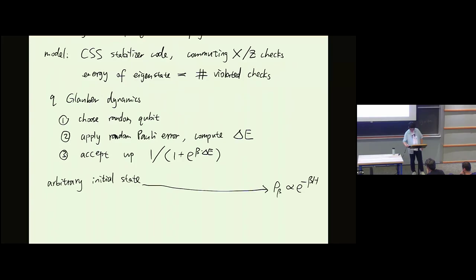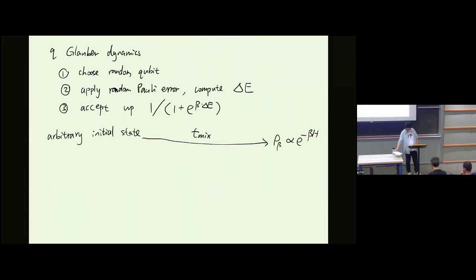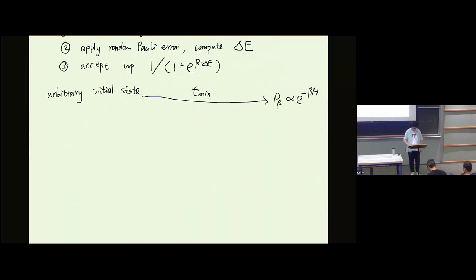And the time that it takes for this to happen is called the mixing time. So now you can see that mixing time is really a worst case statement. It says that no matter where you start from, you go to the Gibbs state in T-mix.